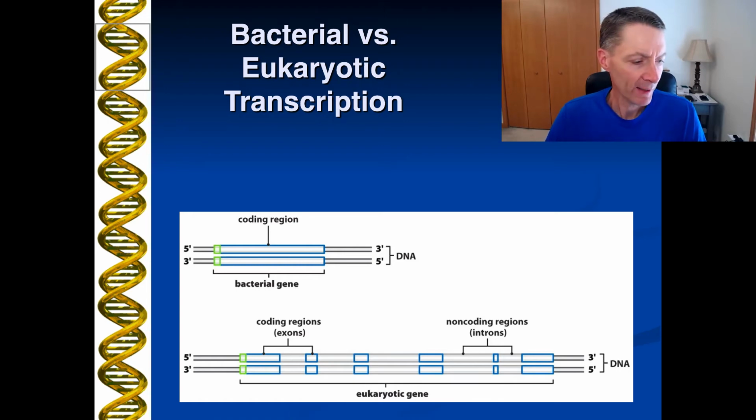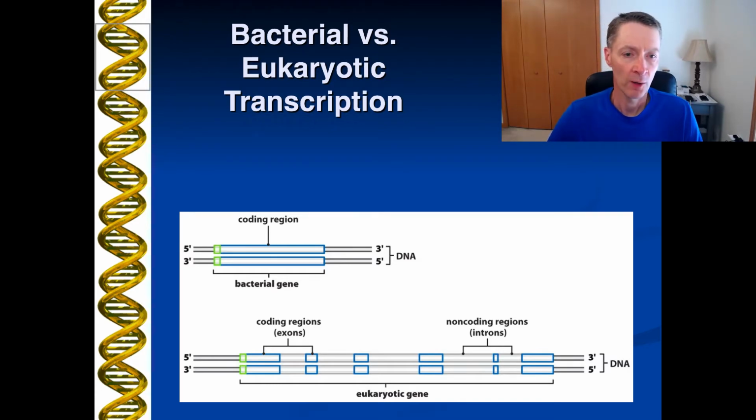Hi guys, we're back looking at this idea of protein synthesis, looking at transcription and translation, with the idea that we want to differentiate. We want to make sure we understand how these processes differ as we look at bacteria versus eukaryotic cells.